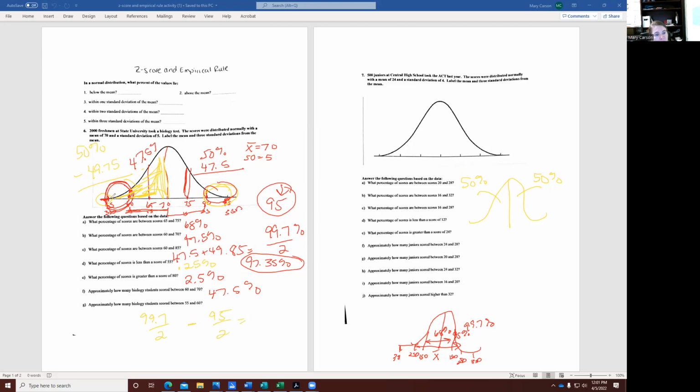You take this whole part, subtract this part, and that leaves you with that. What's left over is our answer, 2.35%.